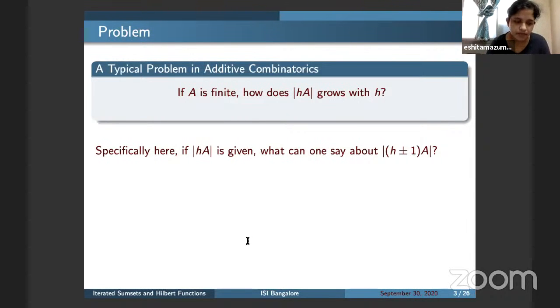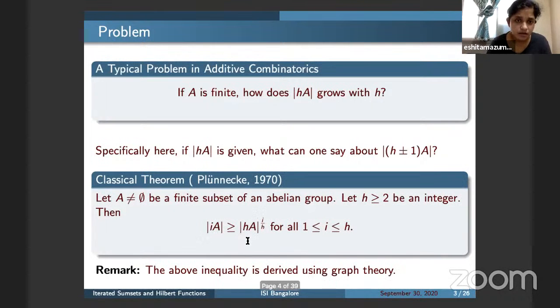Well, in this connection, in 1970, using a graph theoretic result, Plunnecke stated that if h is an integer greater than or equal to 2, and if A is a non-empty finite subset of an abelian group G, then the cardinality of the i-fold sumset of A is greater than or equal to the cardinality of the h-fold sumset of A to the power i by h.